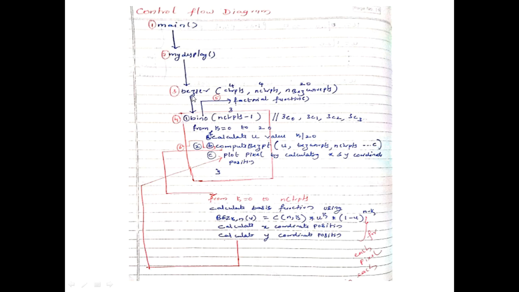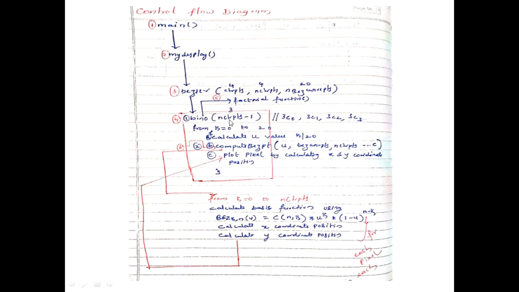Then the Bezier curve function calls one more function, the binomial coefficient function, which we wrote as a user defined function. The binomial coefficient passes a formal parameter, the number of control points minus 1.